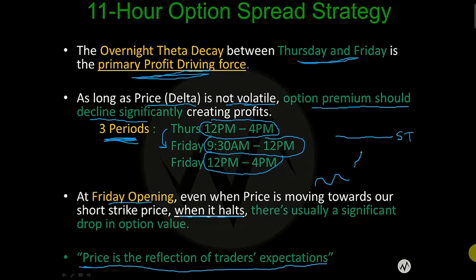Well, my position will start to lose money right here, but as we come up, maybe make a double top and start to fall, here the trader's expectations start to fall, so the value of our trade actually starts to increase, even though it did move against us, even though it is still higher. You have to learn how to manage the gap, and I'll talk about that also, because it is going to happen once in a while.